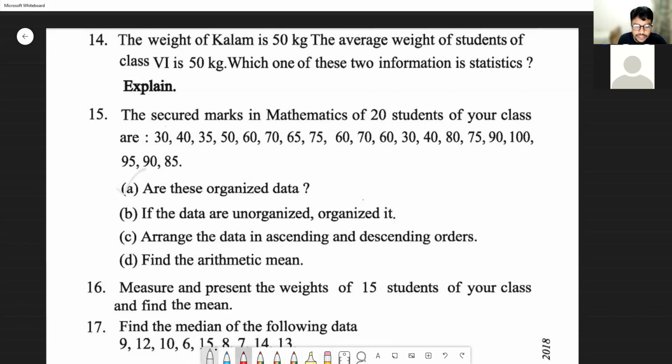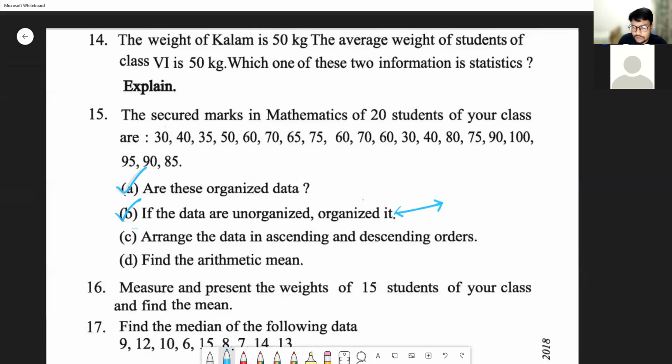Will I write these answers? Yes, you can write in your classwork copy. Question A, the answer is no. Okay. What is the answer of question B? If the data are unorganized, organize it. So what do we have to do now?